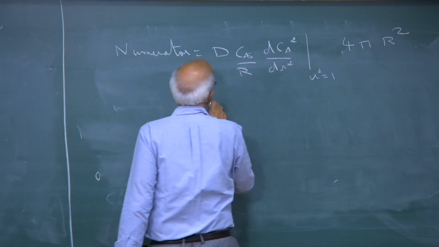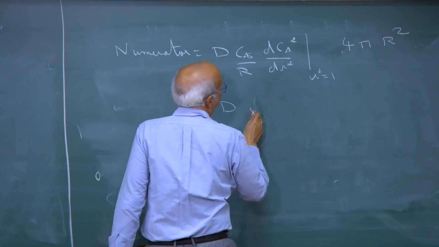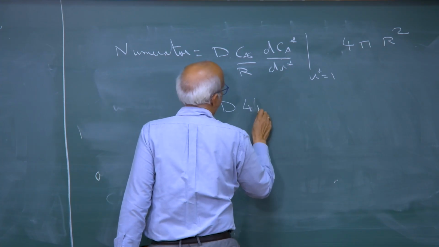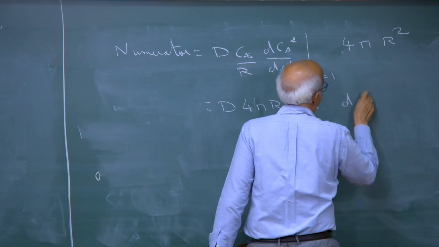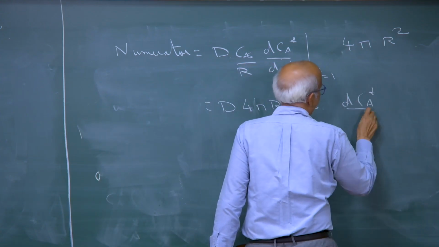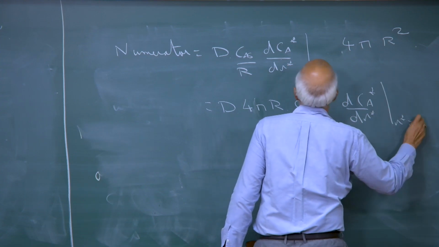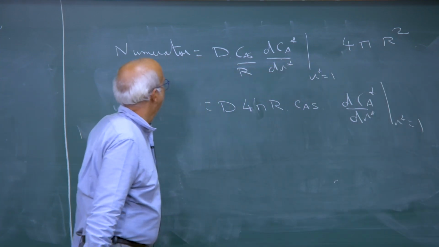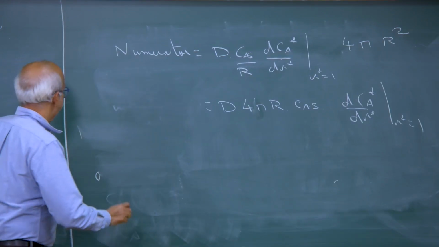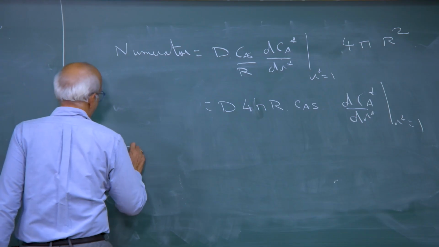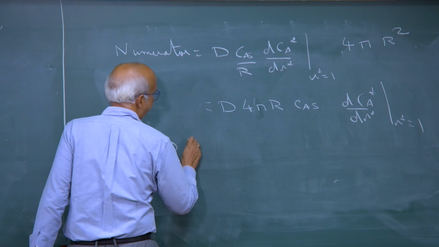So, this is D times 4 pi R into CAS dCA star by dR star at R star equal to 1. That is the numerator. So, basically eta will turn out to be numerator divided by denominator.